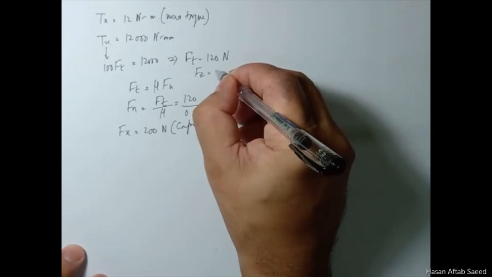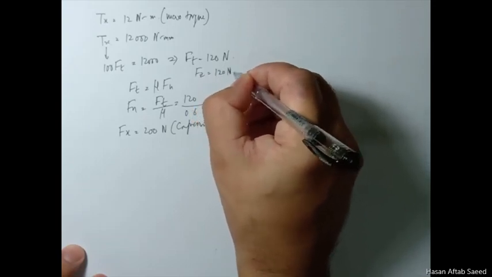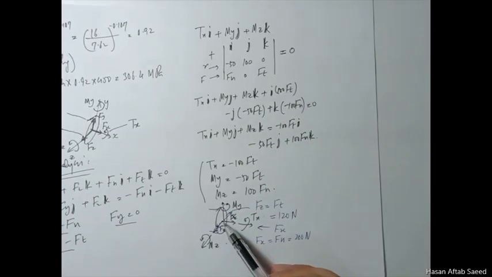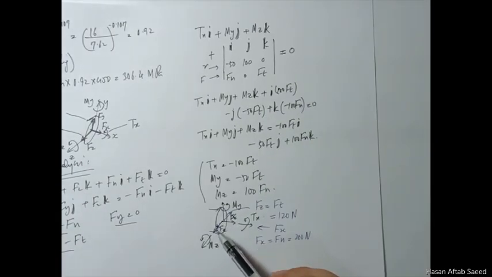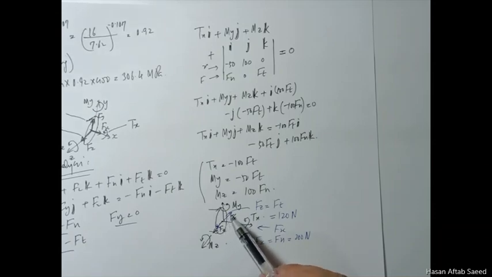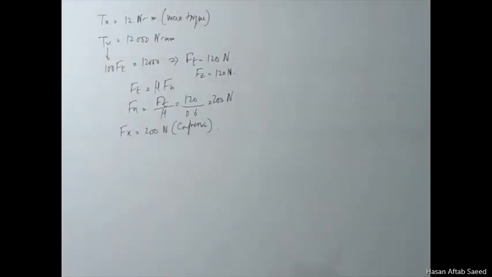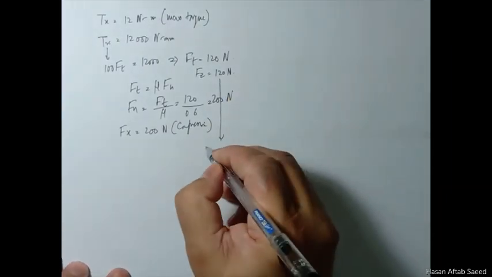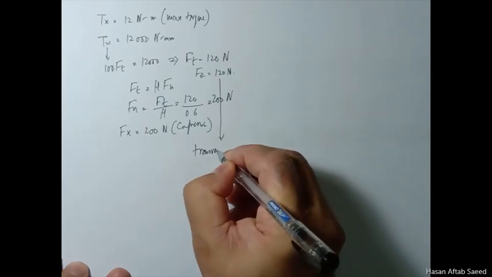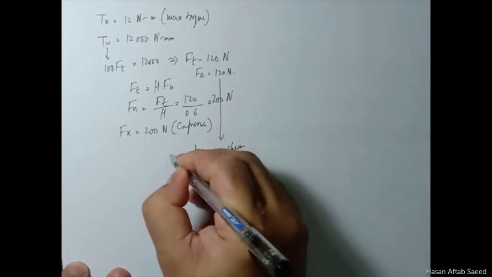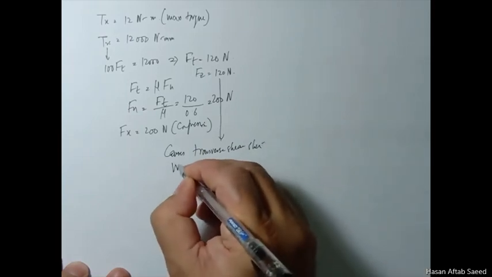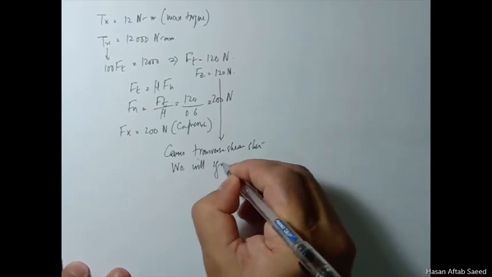As far as Fz is concerned, which is 120 newton, this is a transverse shear force, so this causes a transverse shear stress. But we will neglect this transverse shear stress, we will ignore this.